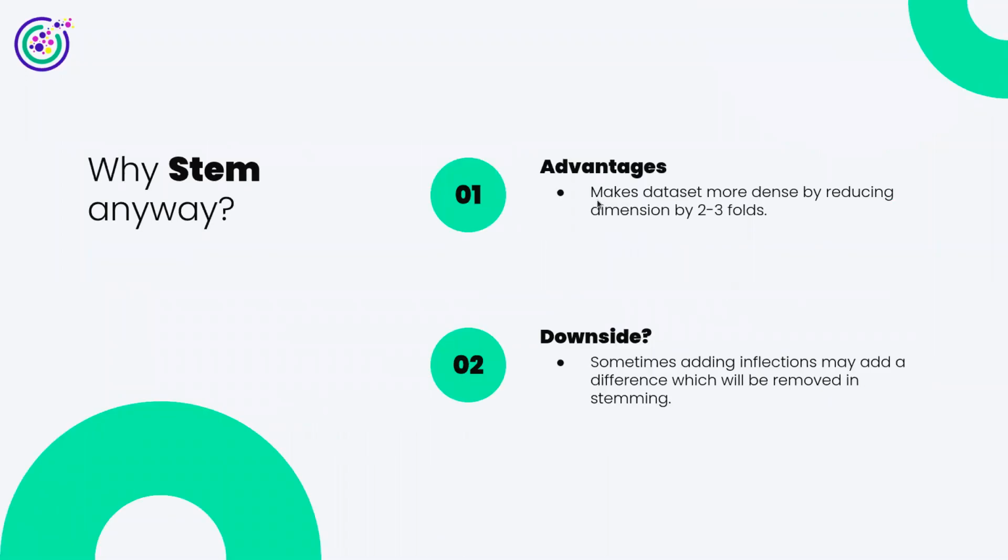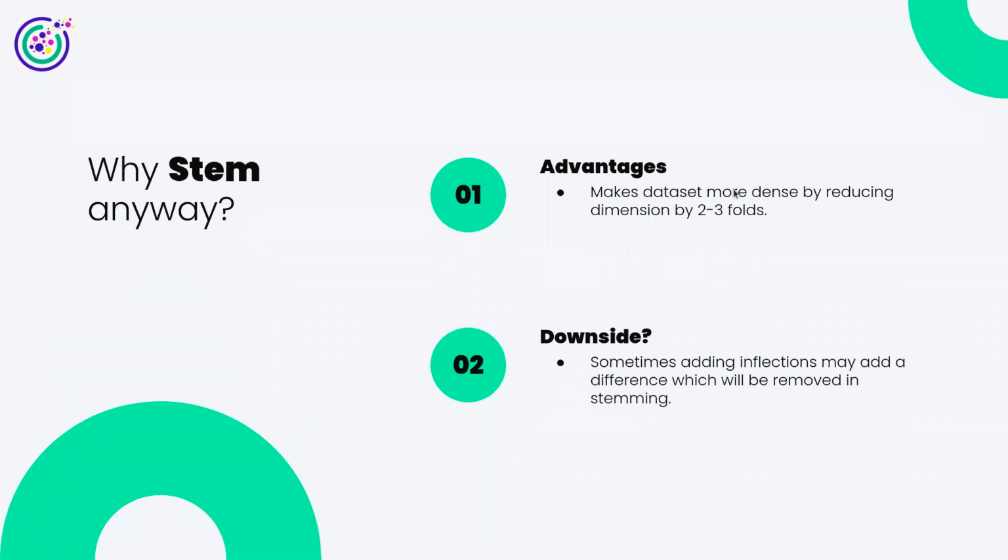So why stem anyway? We know that as the number of features increases, the ML model tends to perform sometimes better. But if there are too many features, the ML model may not perform very well on it. So the first thing is to make the data set more dense. If you use stemming, your features are going to be reduced by two to three times.